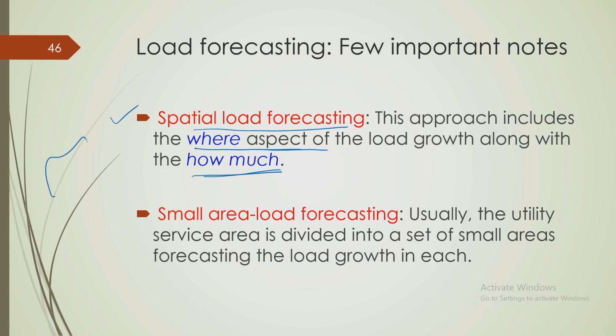Suppose this is a geographical area under which a particular utility is serving, and they have a pre-existing network like this. This is one feeder and these are some lateral feeders, and they have many feeders like this. These are the existing network by which that utility is serving a certain number of customers, but it may so happen that new residential complexes are developed here, a new area of load demand.